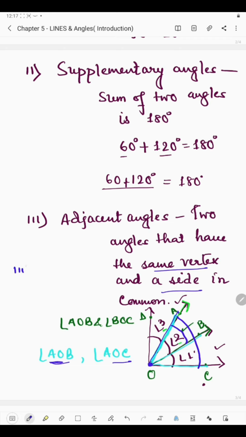is, this is point number 1, this is point number 2, means they will have the same vertex, they will have a side in common, and the third point is non-common arms are either side of the common arm.